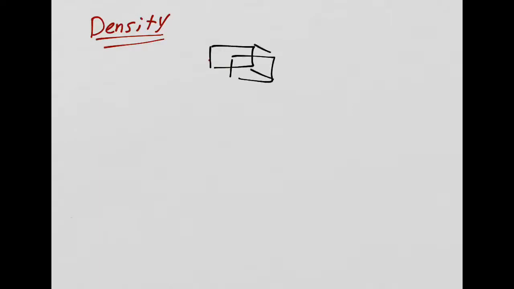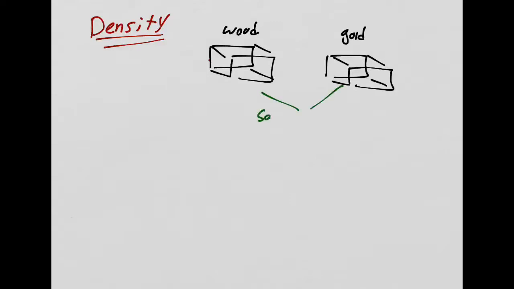Check this out. Let's say I have 2 cubes, and these 2 cubes are exactly the same volume, the same size. This one is made from gold. So I have these two cubes. They are the same size and they have the same volume.